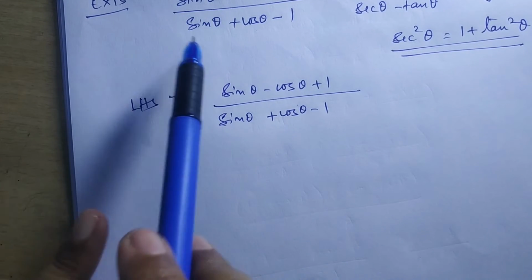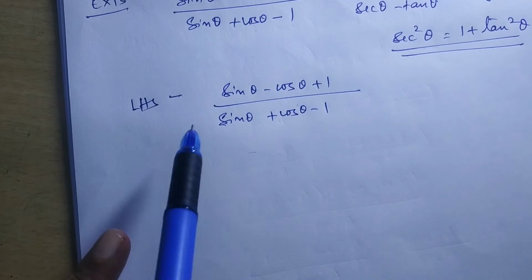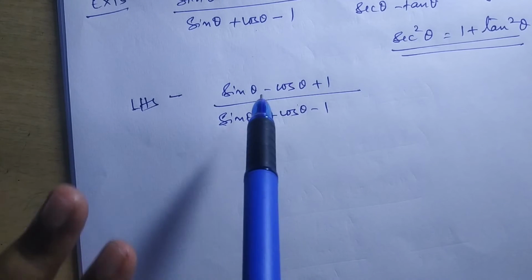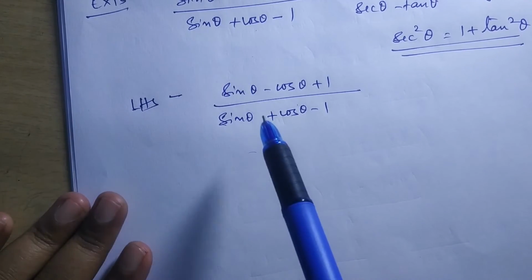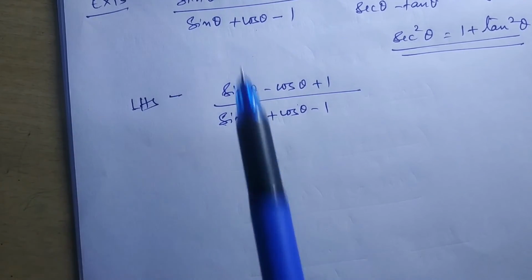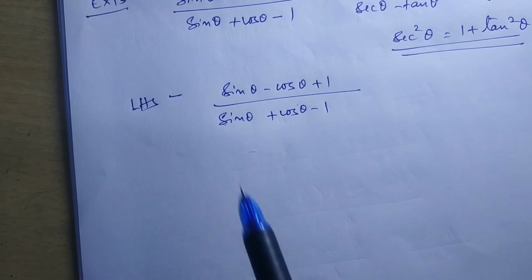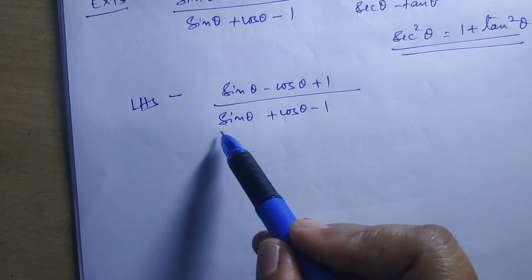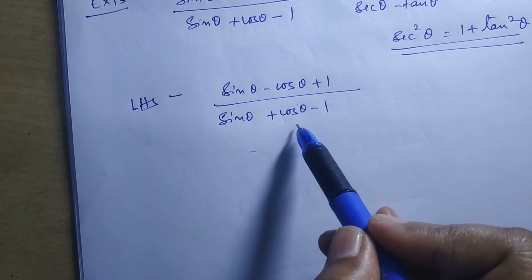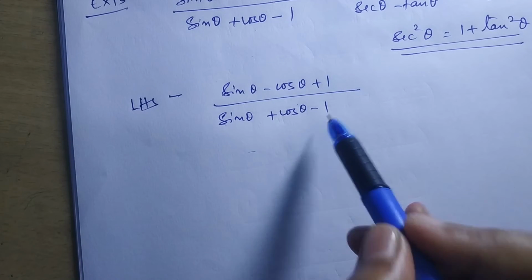No, it is your duty to write it down so that the examiner sees the question from where you are getting the answer. So you have to repeat it. Don't be lazy, write it down. Okay, so now you have sin theta minus cos theta plus 1 by sin theta plus cos theta minus 1.